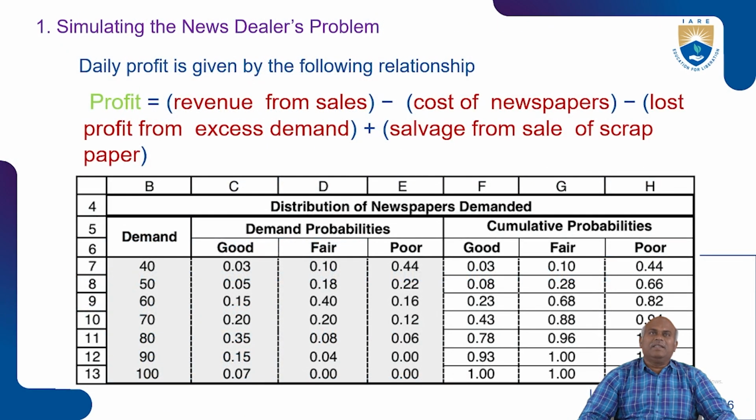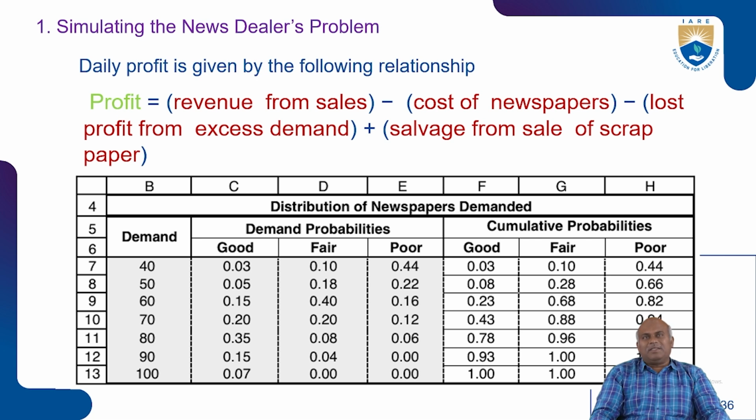Here I take the newsdealer problem for simulation. While we do the newsdealer problem, first you measure how much profit we are going to receive from the newsdealer for our goods or our model. So we should prepare how much profit. Profit will have some marginal level.